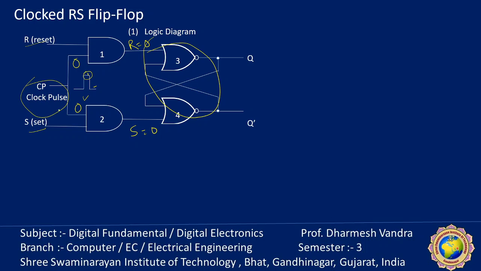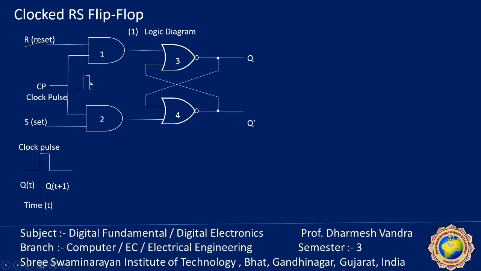So let's see the behavior of the circuit, how it works, with the help of the truth table of the given circuit diagram. Remember, when the clock pulse transitions from 0 to 1, at that time only the output is changed.